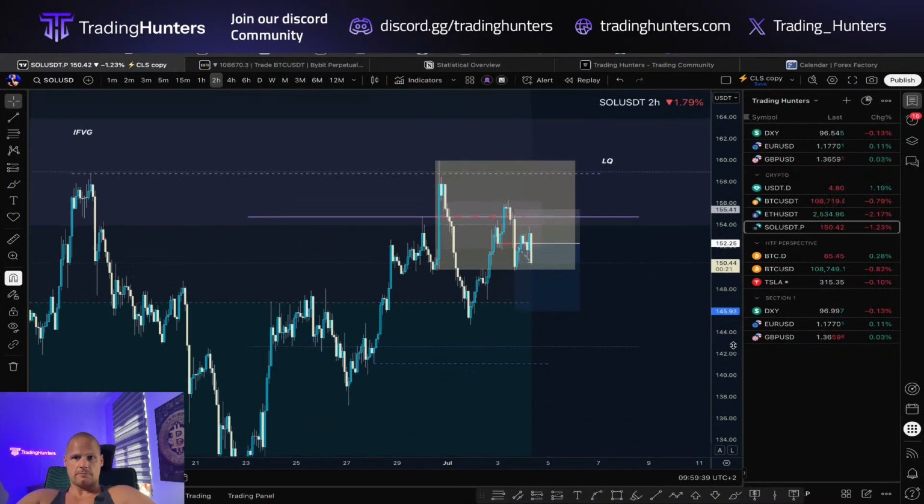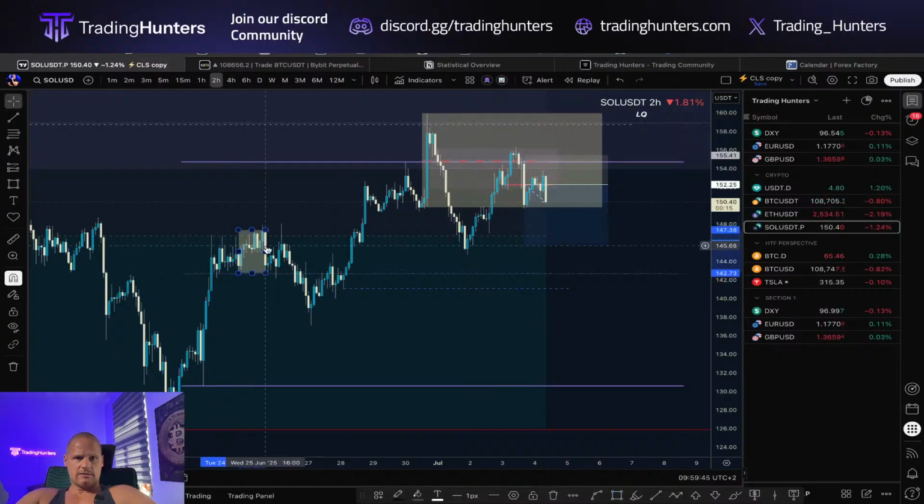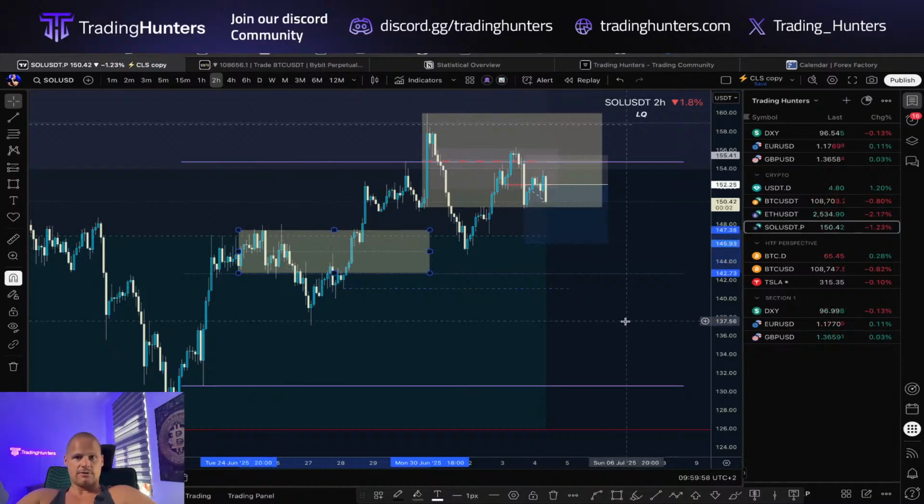So look again. If we compare these up candles in here, you don't really have fair value gaps in here. You don't have a fair value gap up, here is a small gap, and then this breakdown, really not a strong fair value gap.